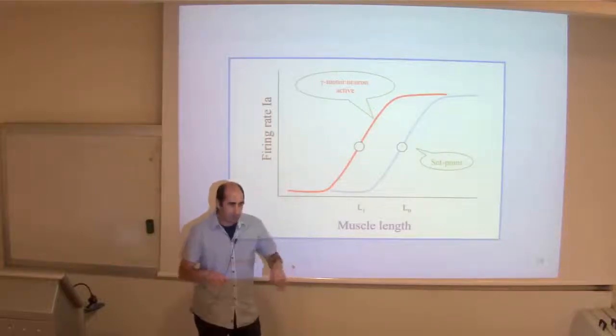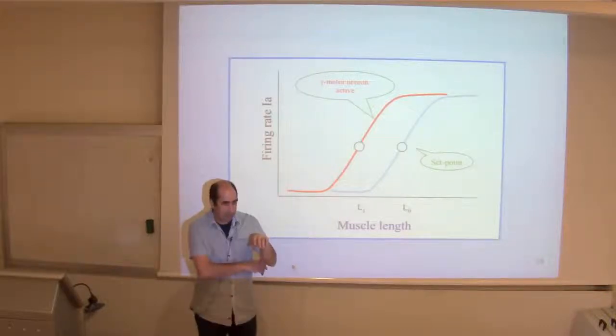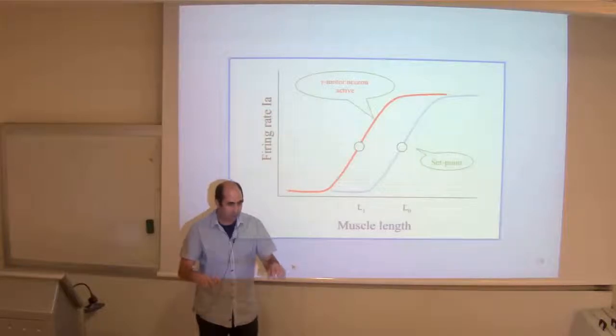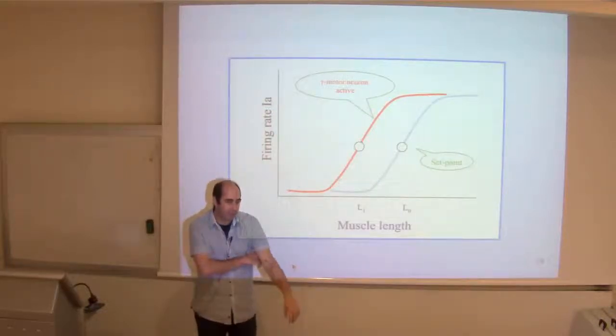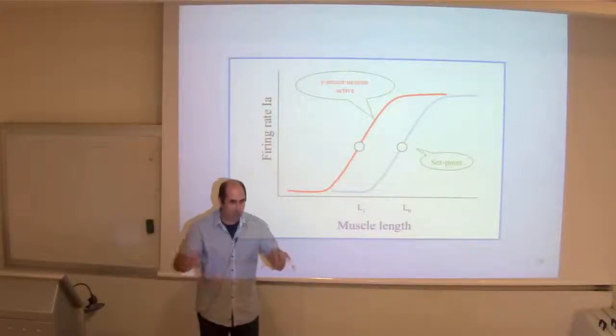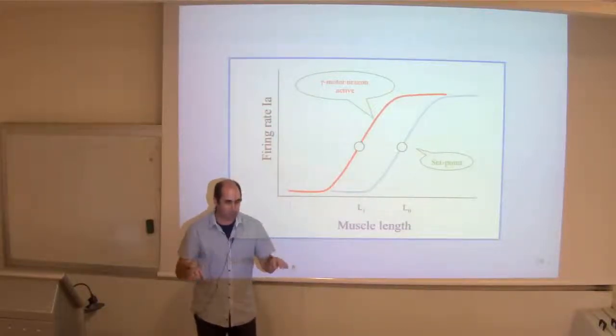But if I'm sitting next to the computer and I'm like that, then my muscle is stretched to a different degree, okay? And now if I would use the muscle spindles coding for this regime, I would not get any change in activation when I do that, right?